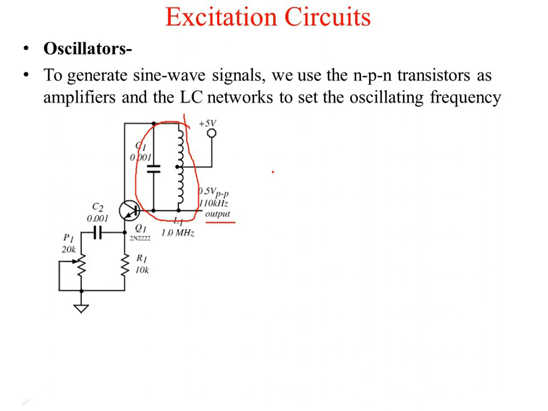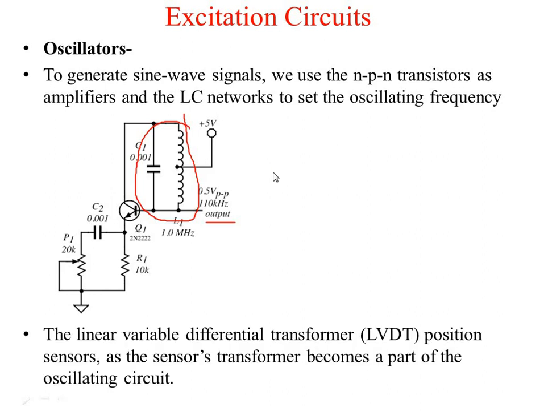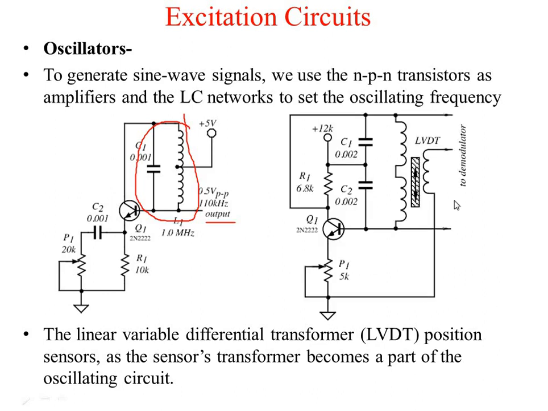If I use a linear variable differential transformer, that is LVDT, you can measure the displacement. So that displacement will be like this. When you move this LVDT, there are two coils and two capacitors, so this will form an oscillator circuit. And when you give the input, what will happen?